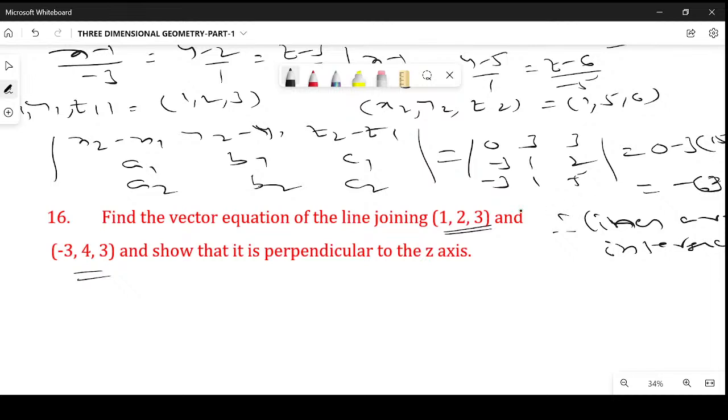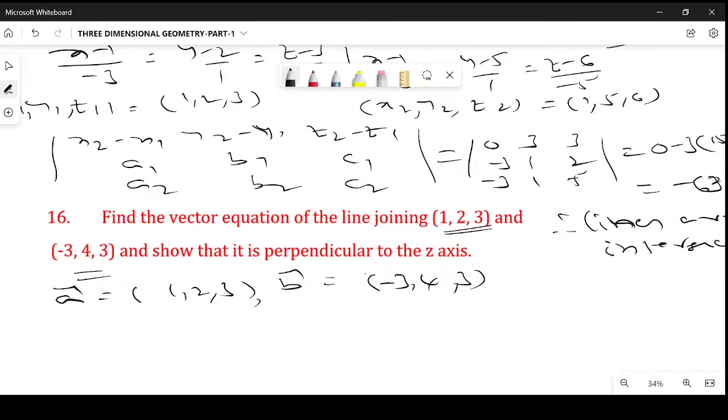Suppose we take this as A bar and this as B bar. A bar is (1, 2, 3), which I can write as one of the points, and B bar is equal to (-3, 4, 3).